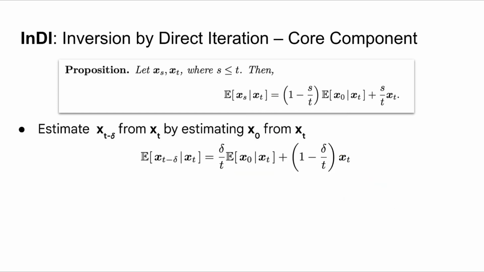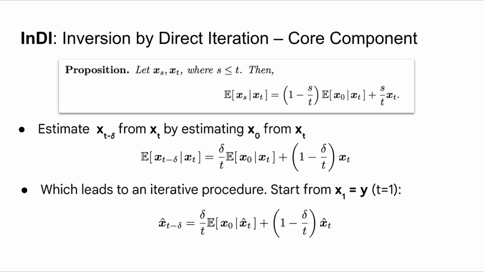This means that we can recover a slightly less degraded image, let's say at time t minus delta, by estimating the clean image at time t and then doing this very specific convex combination with the current estimate. This proposition gives a way of propagating the MMSE estimate.